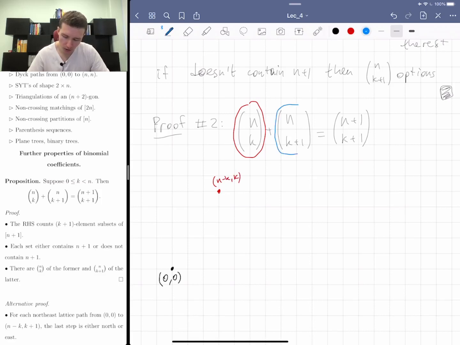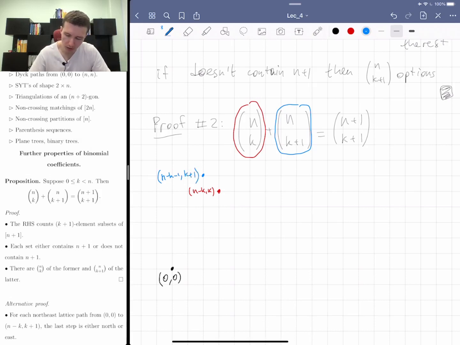Now n choose k plus 1. The vertical coordinate has to be bigger. It's going to be on top and to the left of n minus k, comma k, because the horizontal coordinate is n minus k minus 1, and the vertical coordinate is k plus 1.